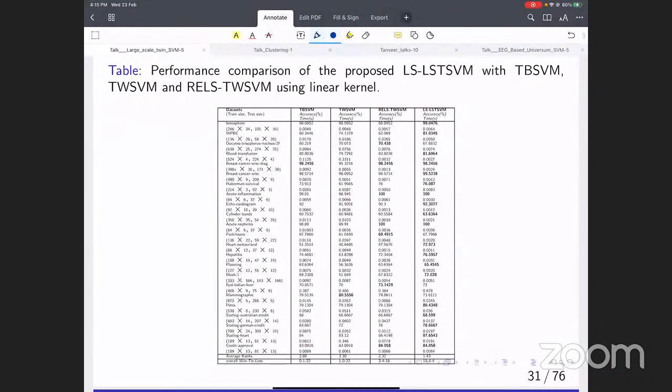You can see the overall win-tie-loss here on 15 data sets: it is the overall winner, ties on 4 data sets, and loses only on 4 data sets. And average rank is also best for the proposed formulation. The last column is the proposed formulation. Okay.